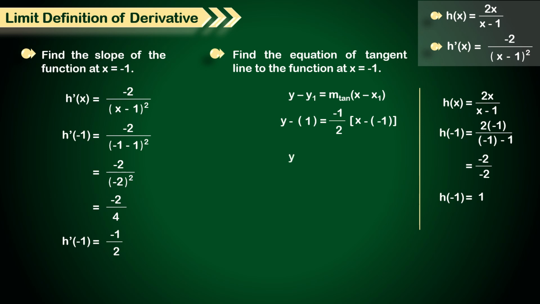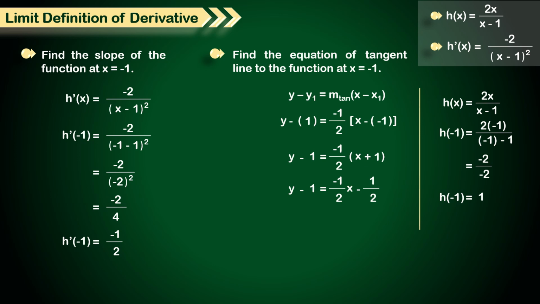Simplify. y minus 1 is equal to negative 1/2 multiplied by the difference of x and negative 1, which is x plus 1. Distribute negative 1/2 to each term of x plus 1. We have y minus 1 is equal to negative 1/2 x minus 1/2.